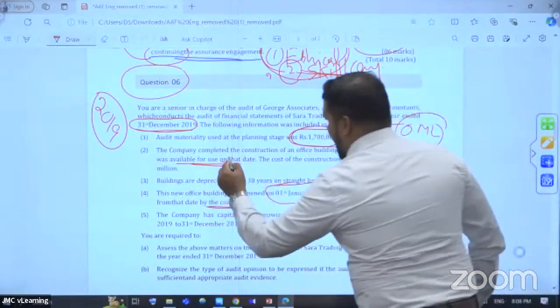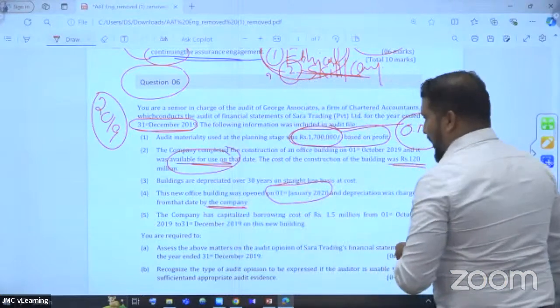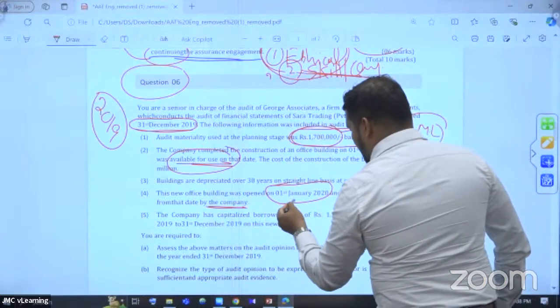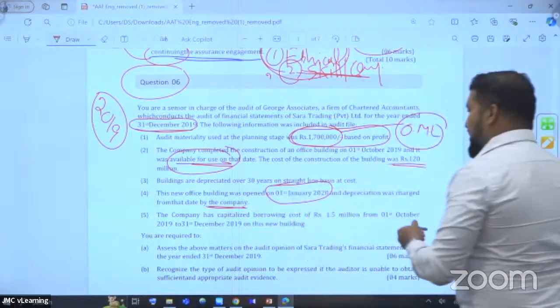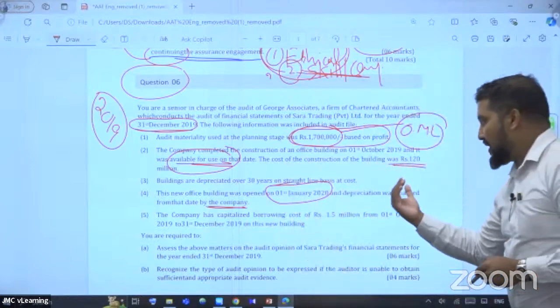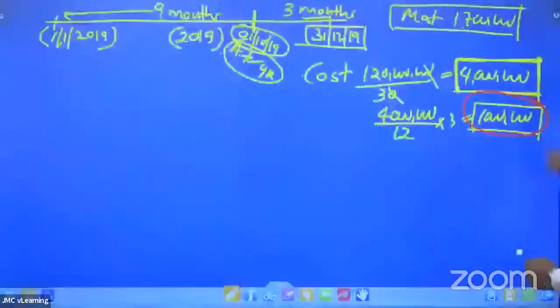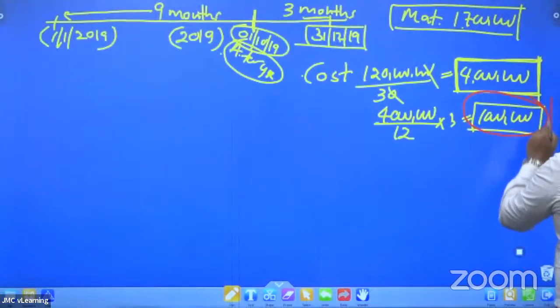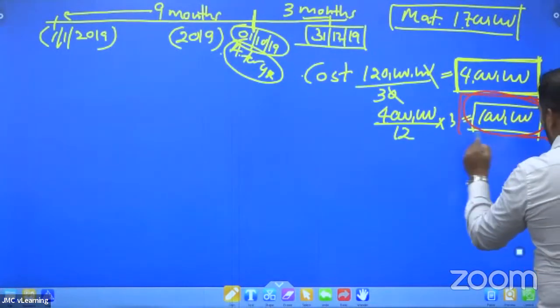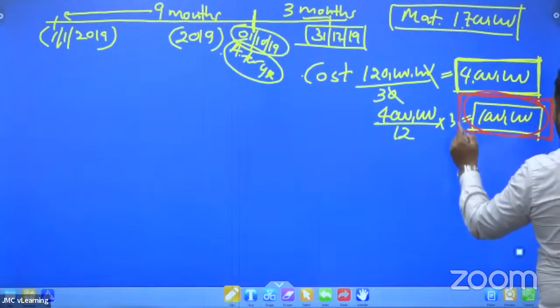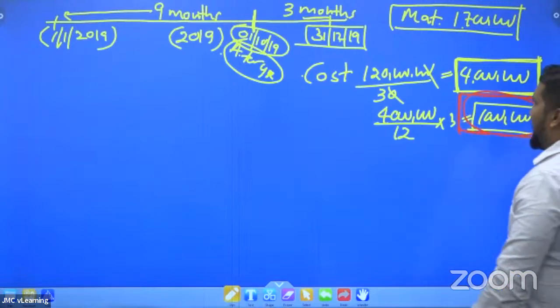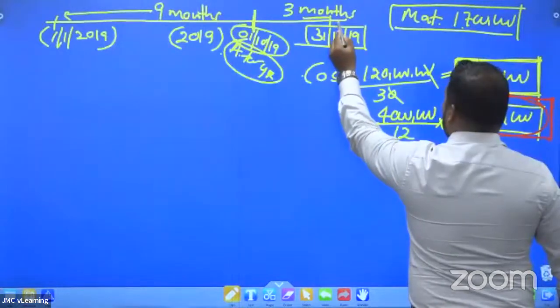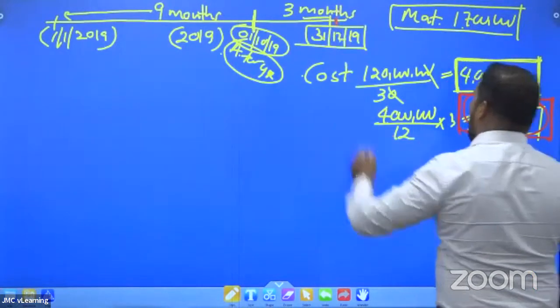So even though the asset is available for use, the company opened this building on 1st of January, and depreciation has been calculated from 1st of January 2020 onwards. What does that mean? It implies that the 3 months depreciation has not been provided in the financials.